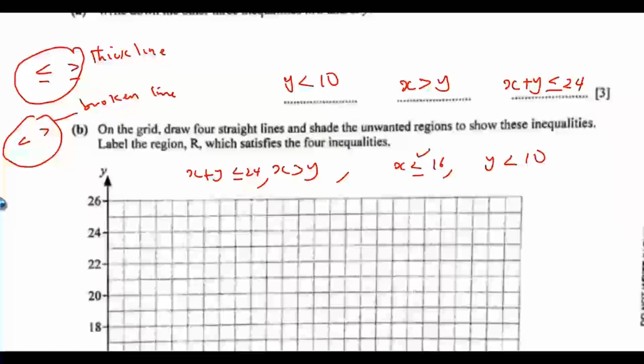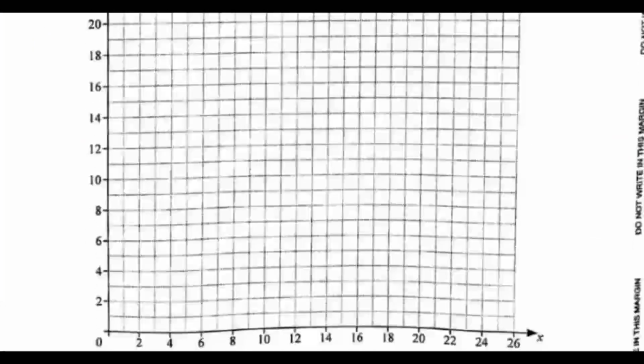So where is x equals 16? Here, x is equal to 16. Here we draw this straight up. I may need to draw it two times. The first one will be 16 here, from here to here.